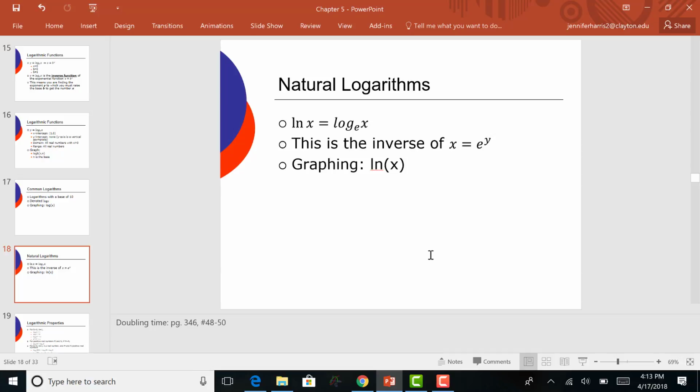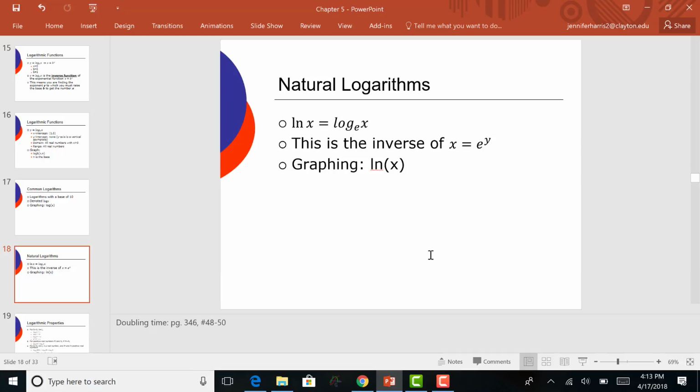Okay, step 2, do the circle method, right? All right, here is my circle. Now I'm going to rewrite it in log form.